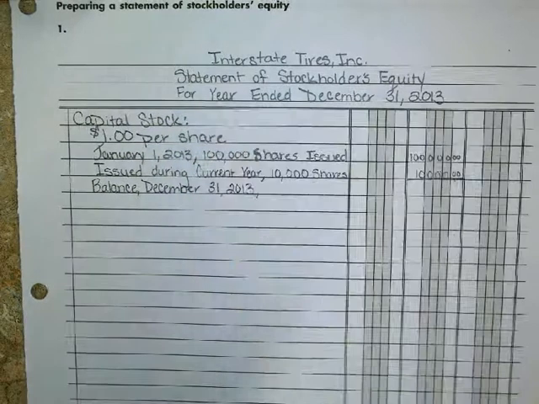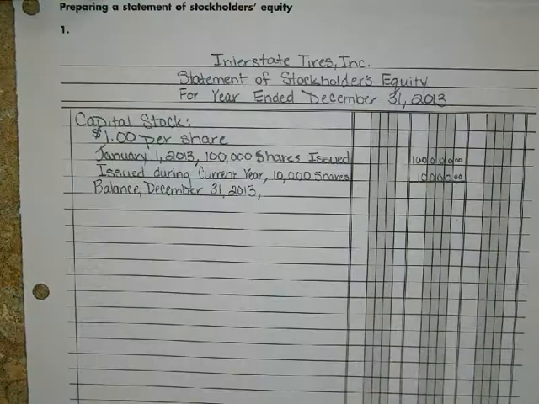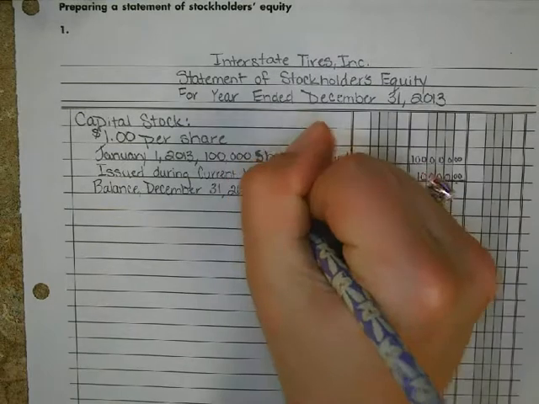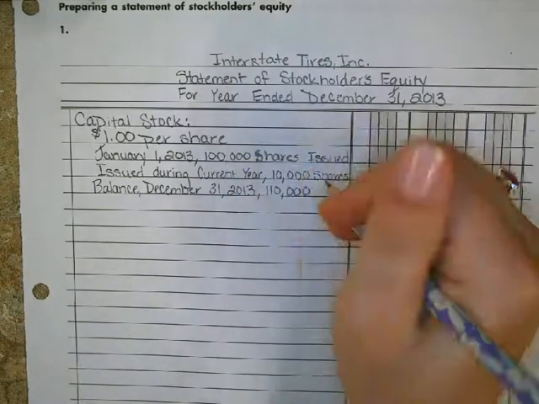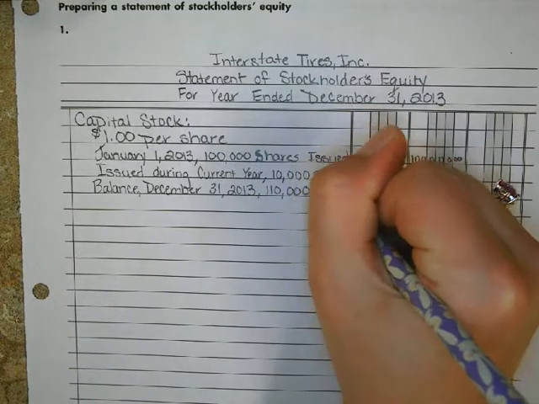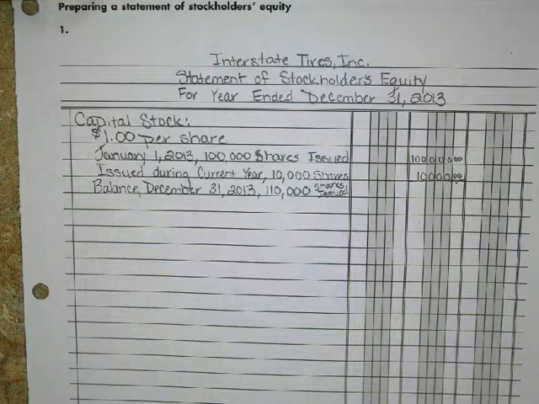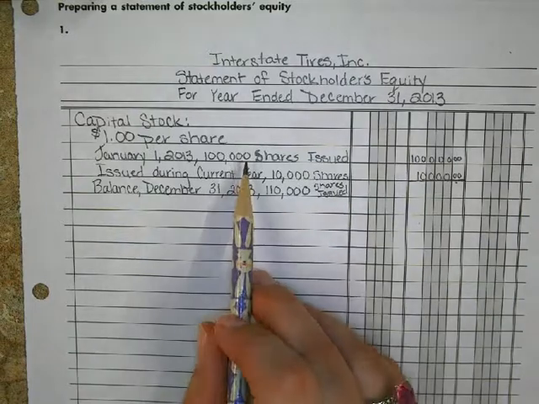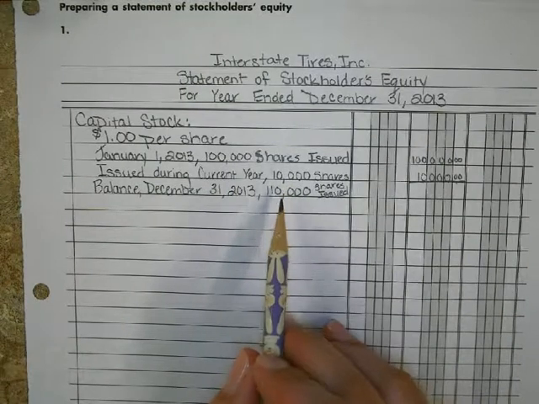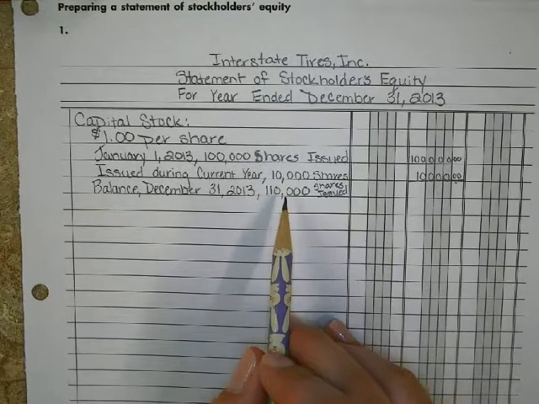How many shares do we have? 110,000 shares that have been issued. Okay, we had 100,000 at the beginning of the year. We issued 10,000 more. That gives us a total of 110,000 shares.